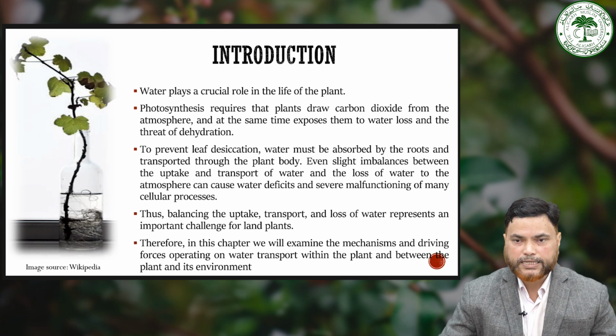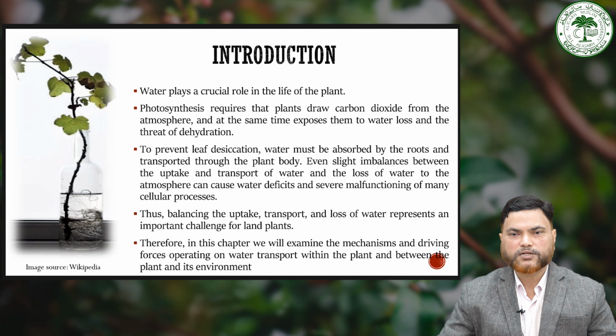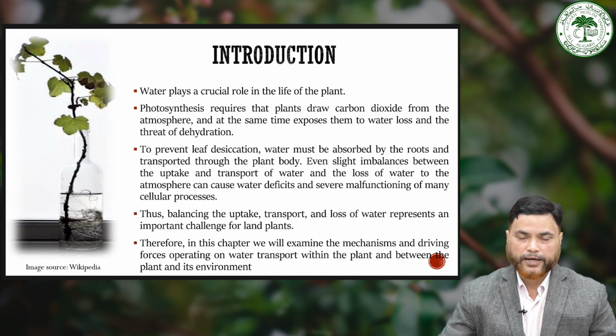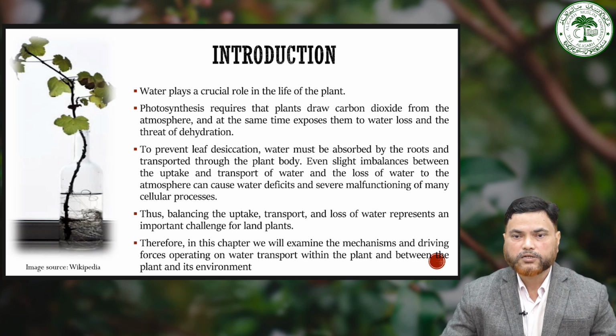In one way we can say this process is necessary to maintain proper carbon dioxide levels for photosynthesis, but on the other hand this mechanism results in water loss and poses a risk of desiccation if it is not balanced with sufficient water uptake from the soil.